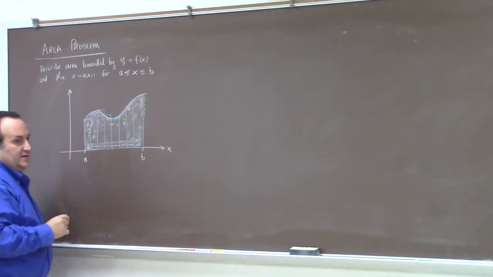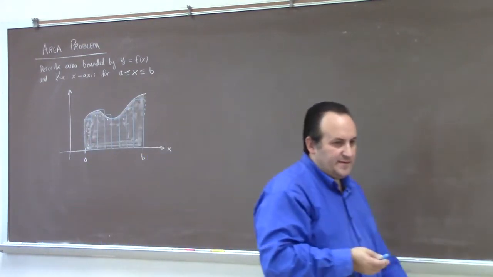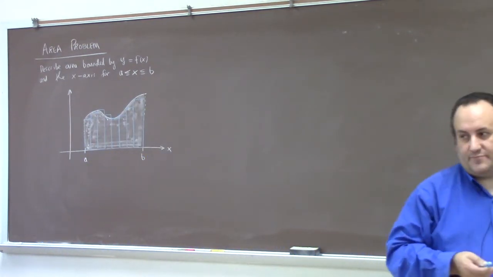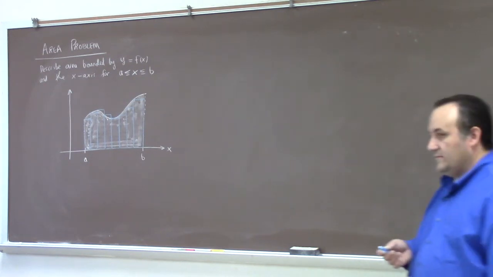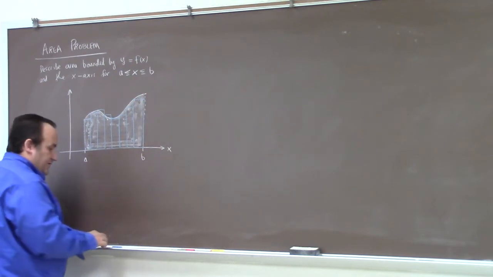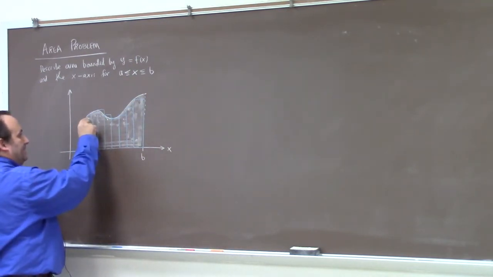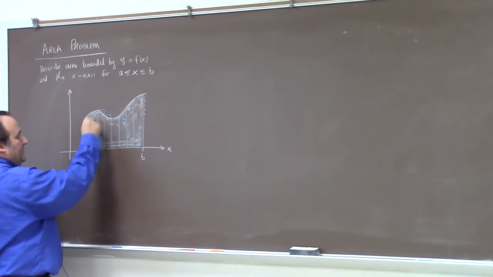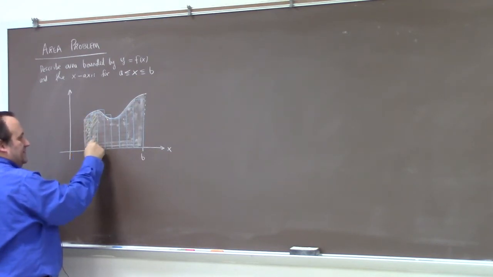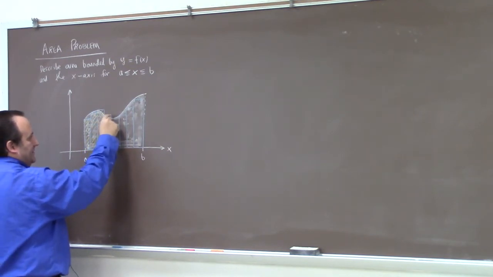Now, while I haven't managed to achieve this, I was trying to draw the rectangles so that they have equal width, just for simplicity. And what I'm doing here is using the left endpoint of each of these regions to define the height of the rectangle.